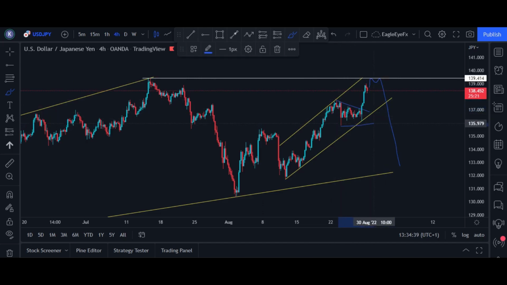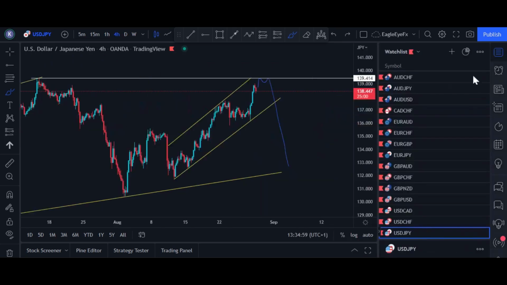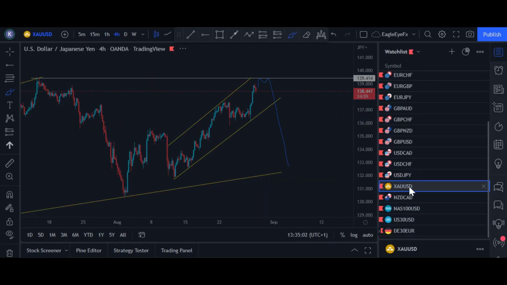We had a move to the upside, we had this flag, so we had an impulse move, correction, continuation as it was moving. And as it comes all the way to give us this double top over here, of course we'll be looking for selling opportunities to the downside. All right, so that is what I'm looking for on USDJPY.